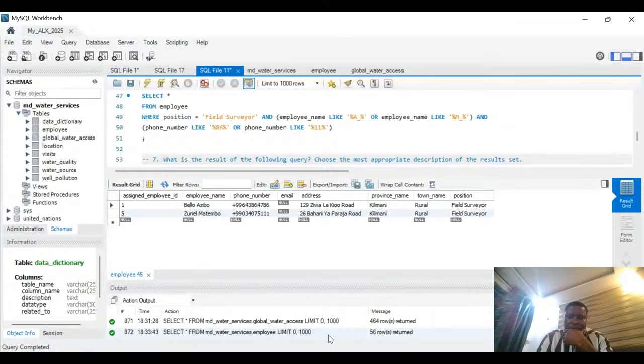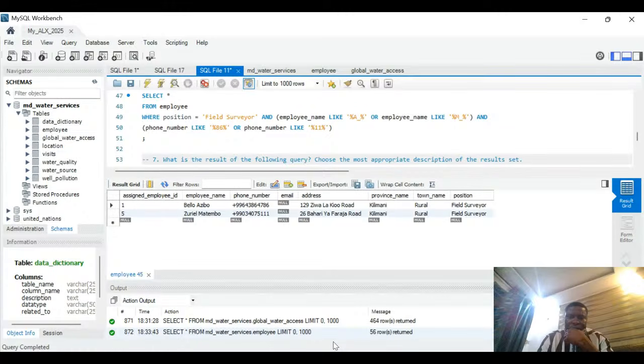I think it's a connection here. Okay. So I understand we are back.